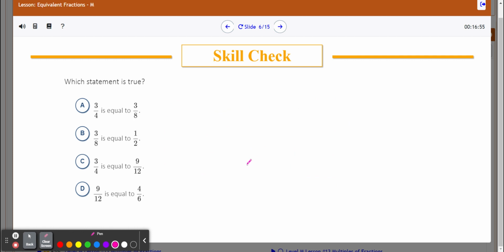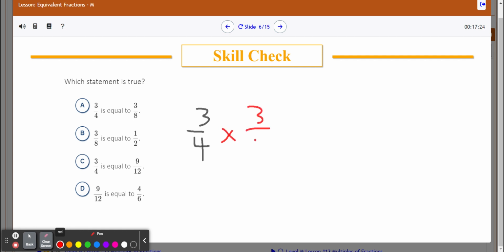Okay, so now that we know how to do that, let's look at our problem here. It says, which statement is true? Well, looking at all these options, I have to figure out which fractions on the left are equivalent to the ones on the right. Let's look down here at C. Ready? So I have 3 over 4. What I'm going to do is multiply the top and bottom by 3.